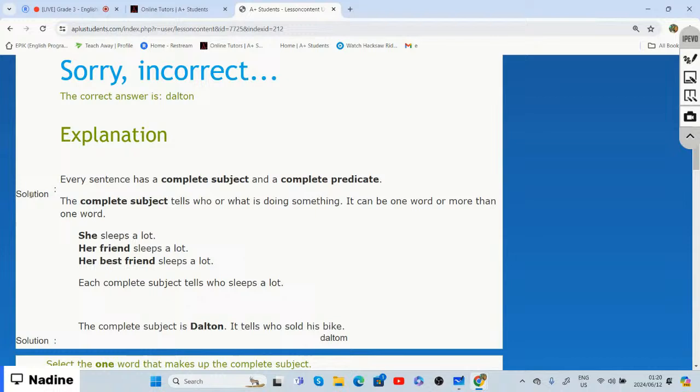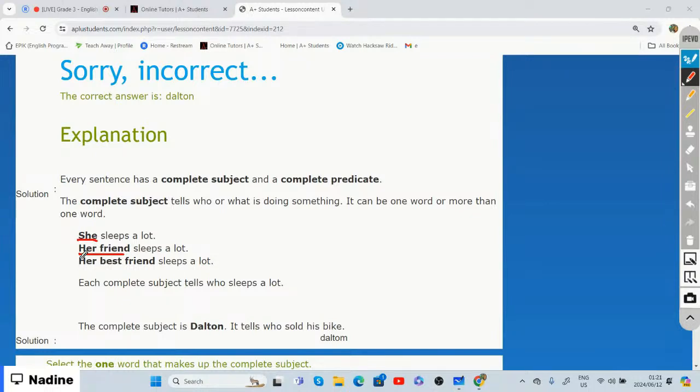And we made a few examples of she sleeps. If you look at the words in bold, these are our subjects, in she sleeps a lot. So the word she tells us who is doing something. Then we have her friend sleeps a lot, which also tells us who is doing something.